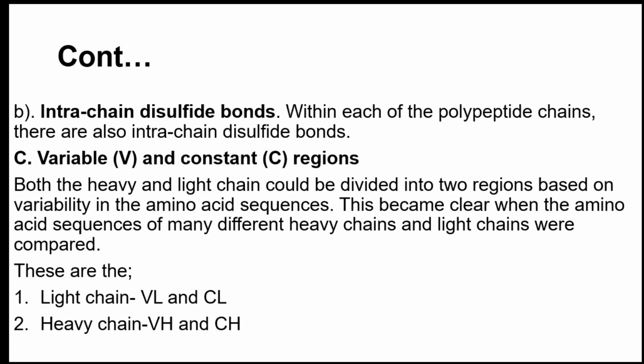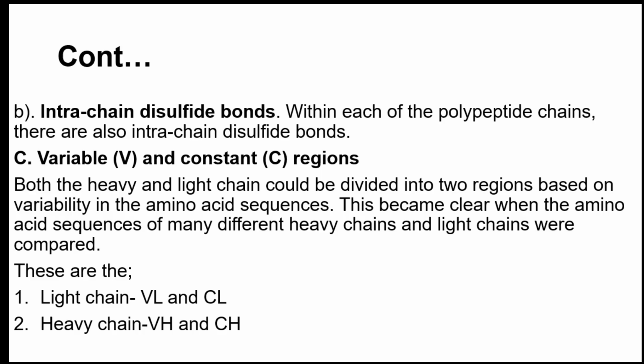We know that these chains, the heavy and light chains, are made of amino acids, meaning they are proteins, and these chains also contain the disulfide bonds, which give them the shape they have. So we have seen the 2, inter and intra. Inter are between the chains. Intra are within the polypeptide chains.